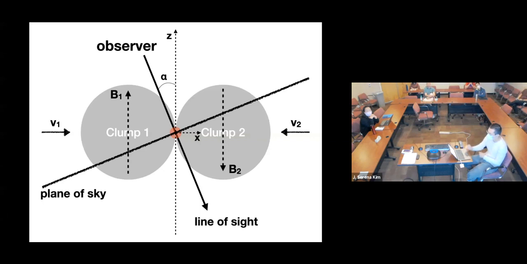So you must have some cloud collision, and you have this field line configuration. You put all of these together, and this is probably the only way to have the initial condition where you have a clump on the left and a clump on the right. They have different directions of the magnetic fields, and they are coming in with a collision velocity. And we, as the observer, are looking this way.